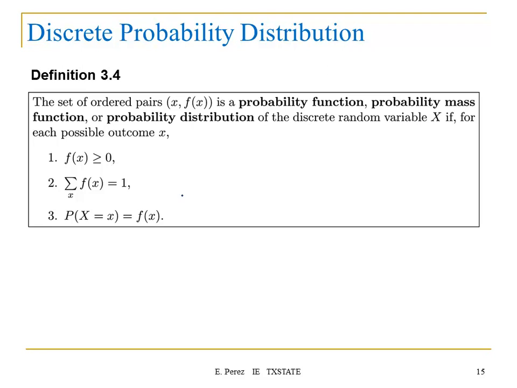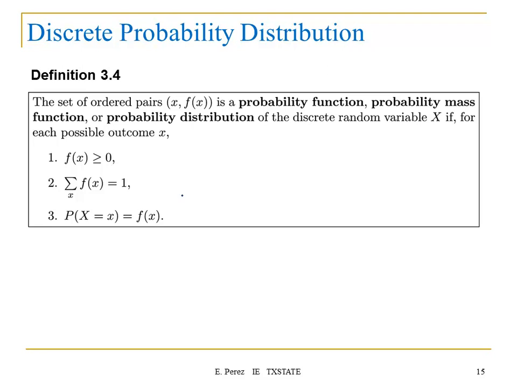So there's three conditions. The value evaluated in the function will always give you a value greater or equal to 0. It could not be a negative value. Second, the summation of the values of all the outcomes needs to be equal to 1.